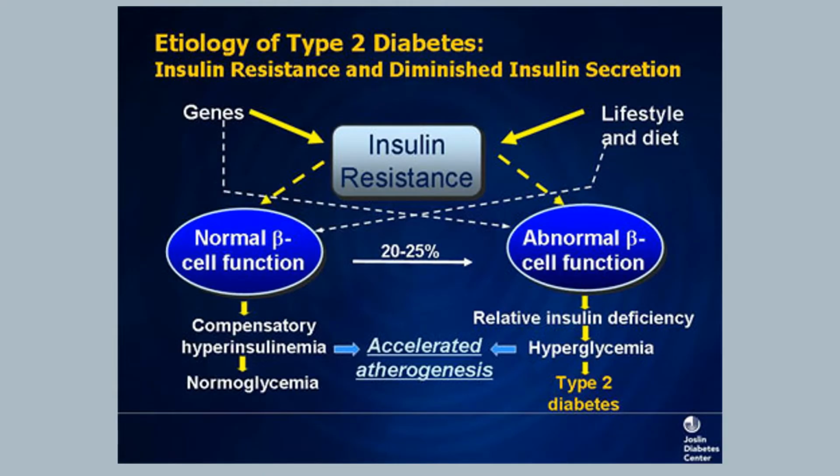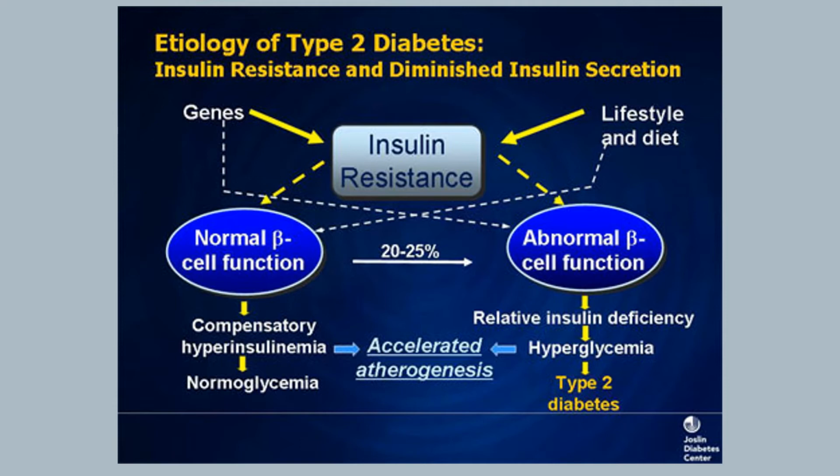So two things influence diabetes development: genetic predisposition and their lifestyle, their activity, and their diet. If you are obese and sedentary, you are going to contribute to insulin resistance.